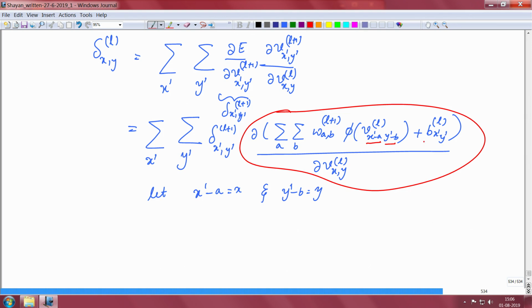And also you can see here the bias term is independent of x comma y, and hence this term will go to 0.